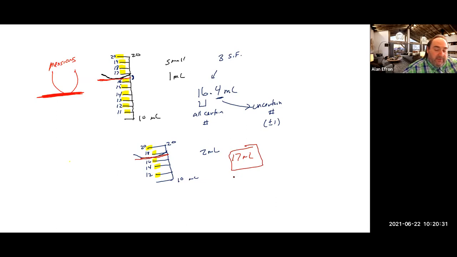There's 2 numbers here, which means this has 2 significant figures. That means that the 1 in this case is the certain number, and the 7 is the uncertain number.